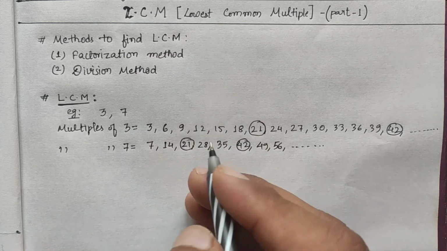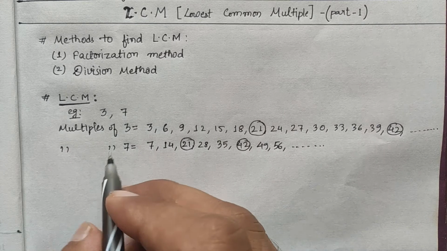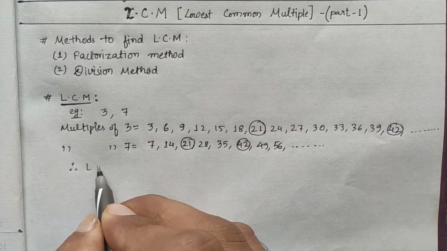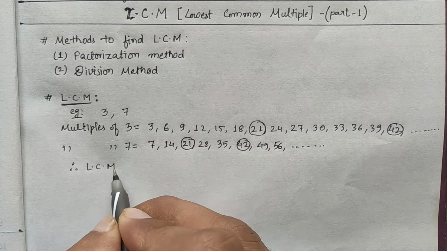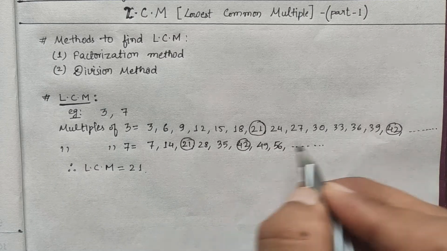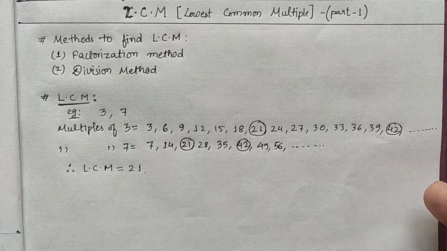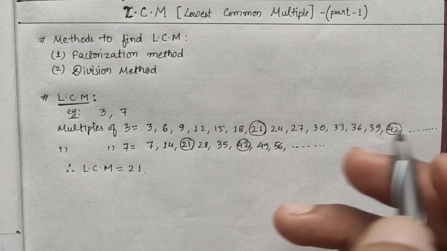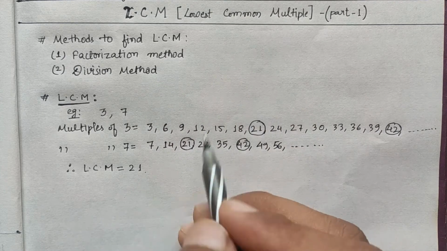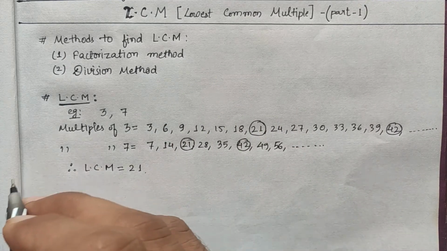So which one is the lowest? 21 is the lowest common multiple of both 3 and 7. Therefore their LCM, lowest common multiple, is 21. More than 21, there are many common multiples like 42, but we are going to see only the lowest common multiple. So their LCM is 21.